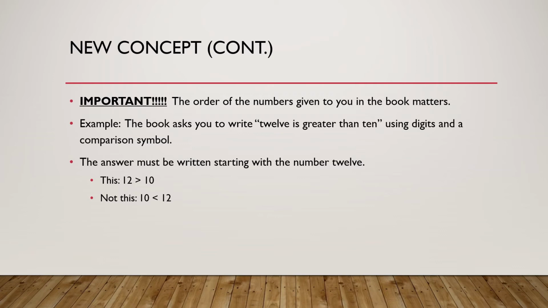And the reason you can't use this is because this does not say 12 is greater than 10. Even though mathematically this is correct, it says 10 is less than 12. So that is not what the book asked for. The book asked for 12 is greater than 10. That's why this would not be the correct answer.